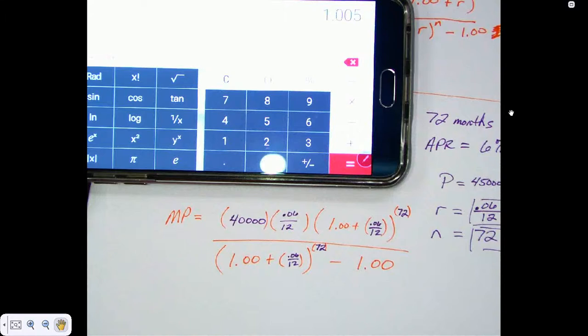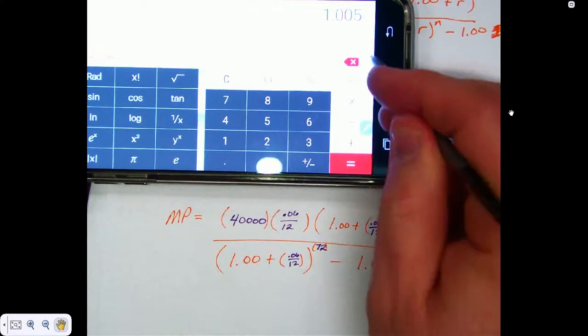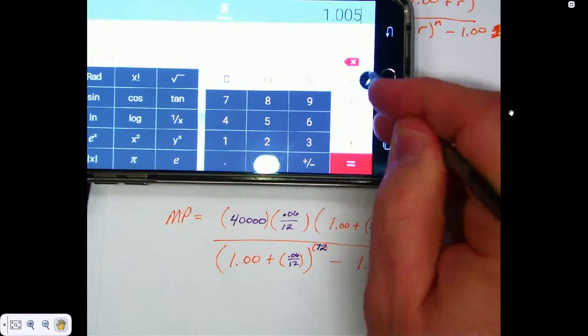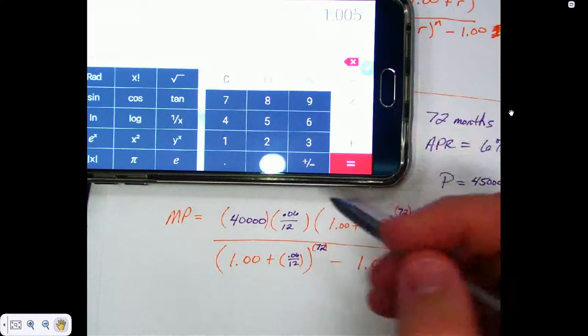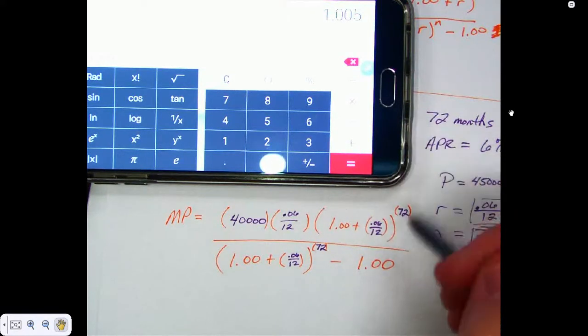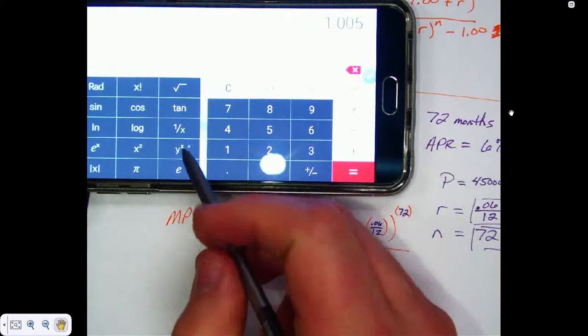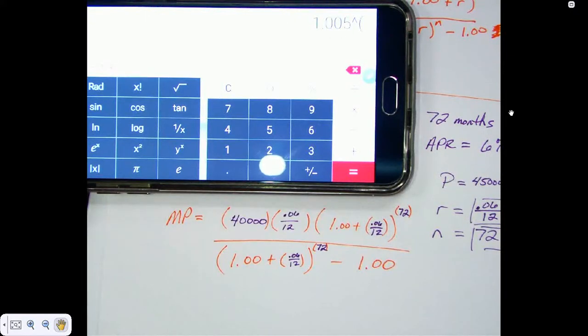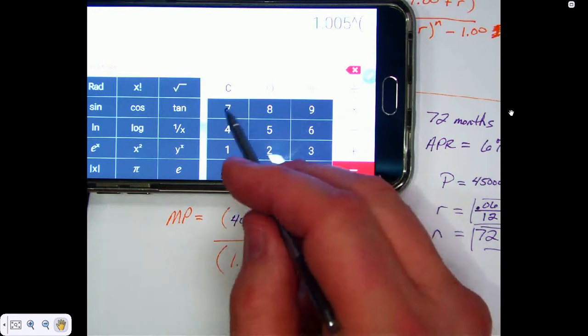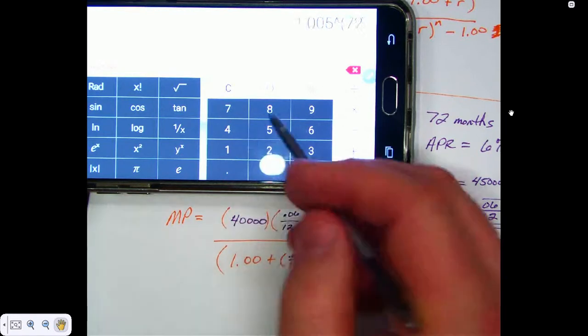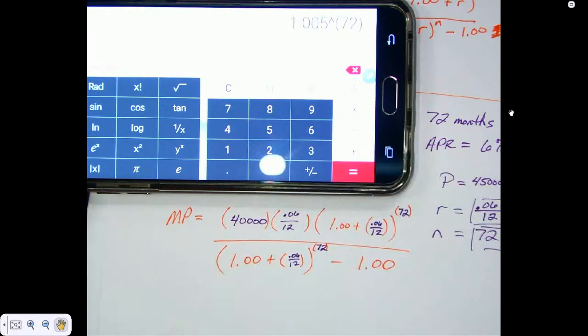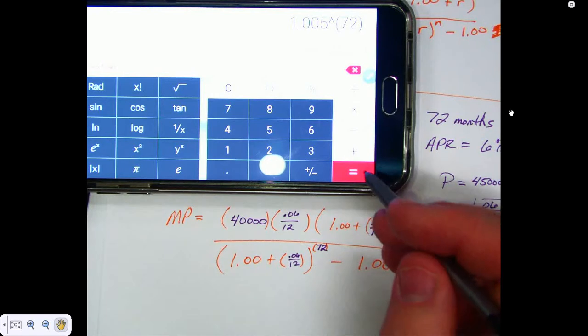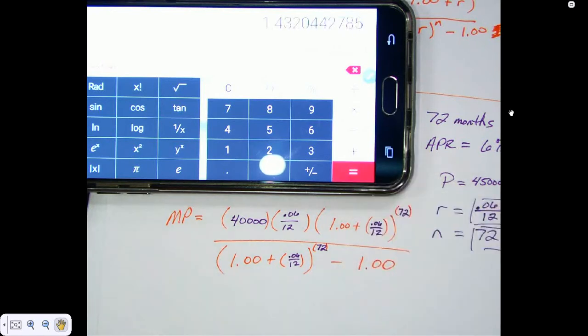Now here's where I need to take this number to the 72nd power, and most calculators will say y to the x. That means you're taking it to that power. So I'm taking 1.005 to the 72nd power. Close your parentheses. That equals what?